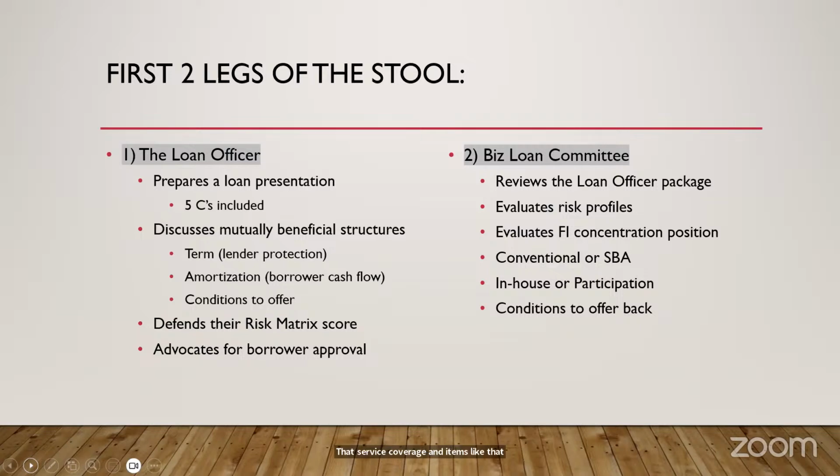While the Business Loan Committee is reviewing, the loan officer also discusses mutually beneficial structures for the loan. A lot of what you'll see is a term and an amortization, so it's going to be like a balloon loan. Say you request to borrow $100,000 and the term would be 5 years, but the amortization is 15 years.